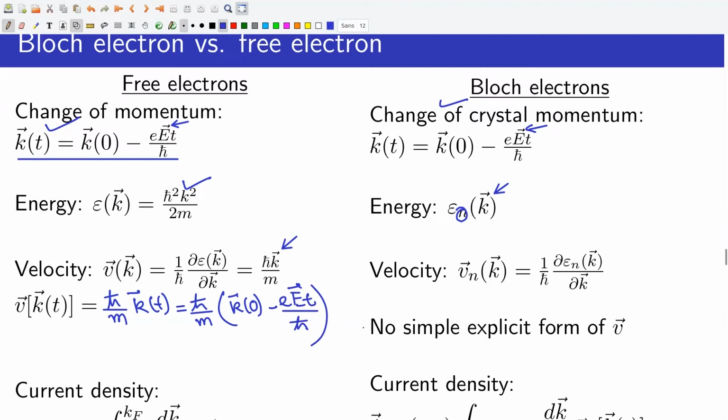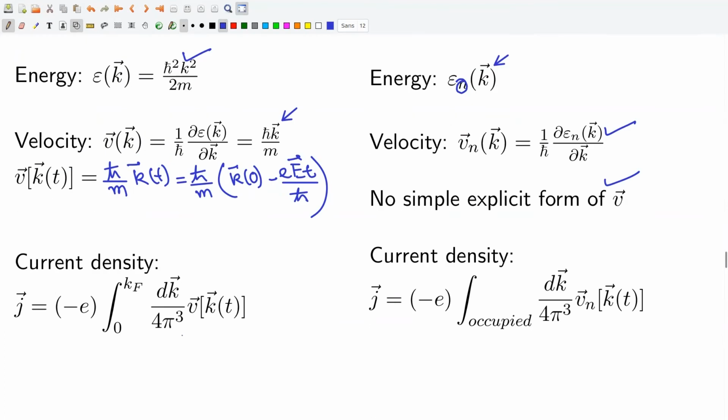In case of Bloch electrons, we do not have any simple explicit form of velocity. Velocity has to be calculated from the first derivative of energy with respect to the wave vector. Finally, the current density is obtained by integrating v in k space over the Fermi sphere of radius kf.